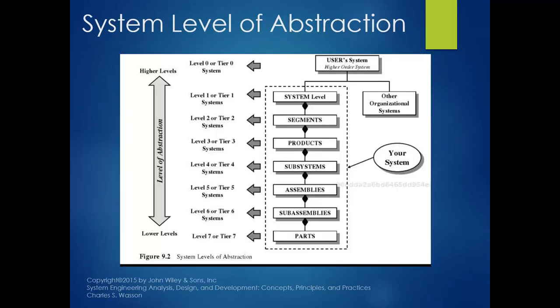So in level one we have the system level, and then we have the subsystems or segments, and that will be level two, and then the products within those segments, and that's level three, and then subsystems of the product, and that's level four, and then assemblies and subassemblies, and then parts and so on.